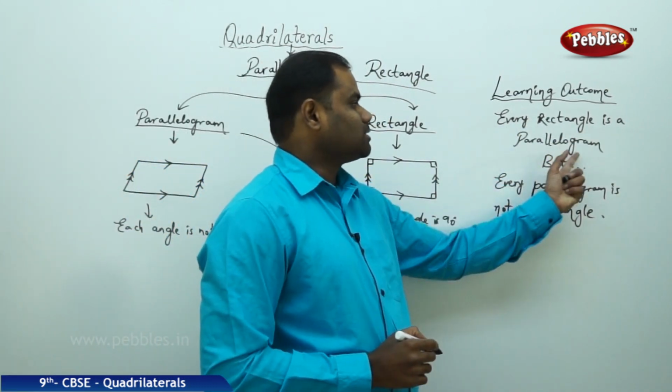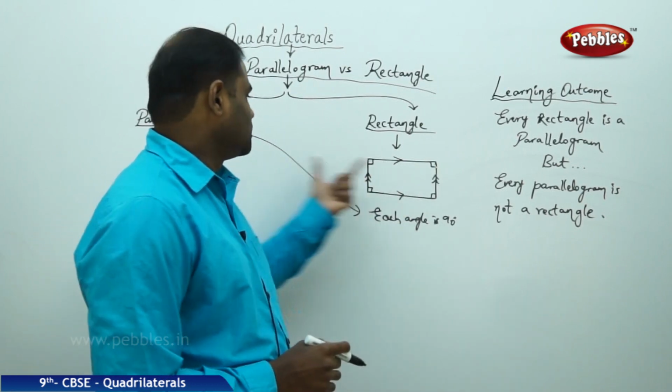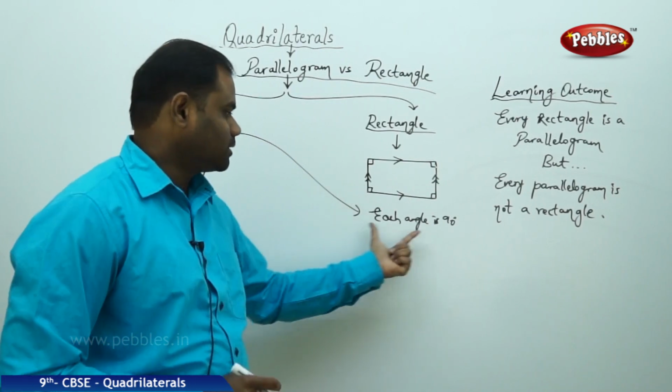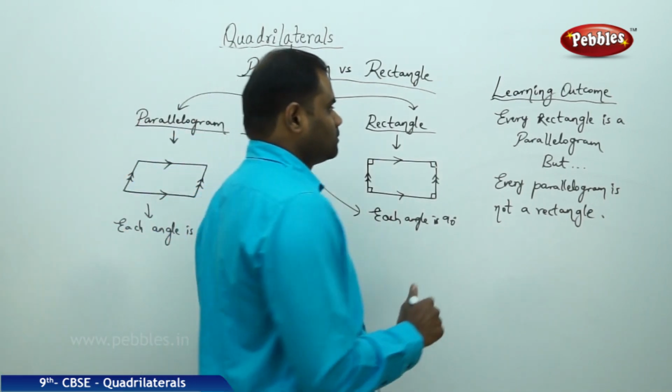Every rectangle is a parallelogram, but every parallelogram is not a rectangle because each angle is not 90.